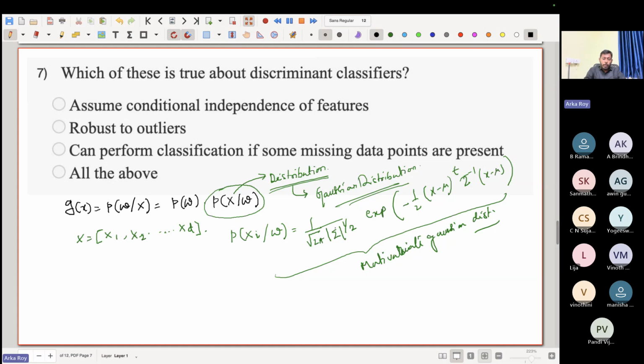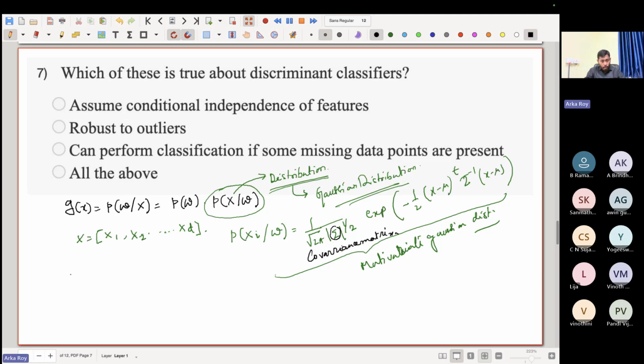Over here, initially, if the distribution was univariate, we had sigma. But now we have capital sigma, which is the covariance matrix.